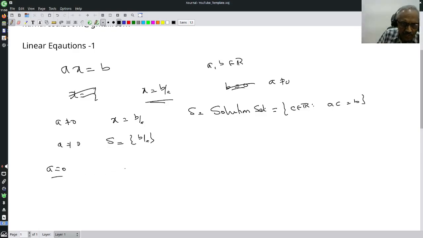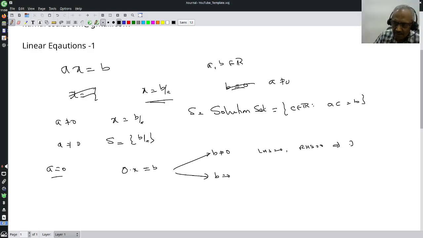So what happens when a equal to 0? When a equal to 0, I have 0 times x equal to b. Now there are two cases: b is not equal to 0 and b equal to 0. If b is not equal to 0, the left side is 0 and the right side is not equal to 0. There exists no c in R such that ac equal to b.